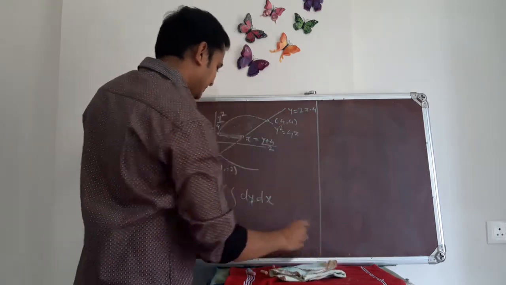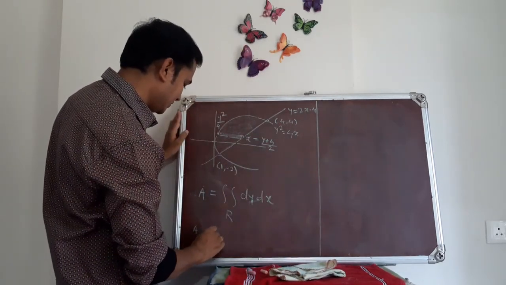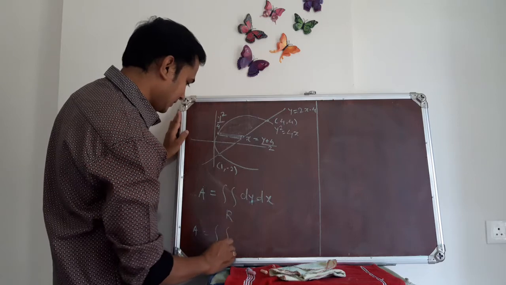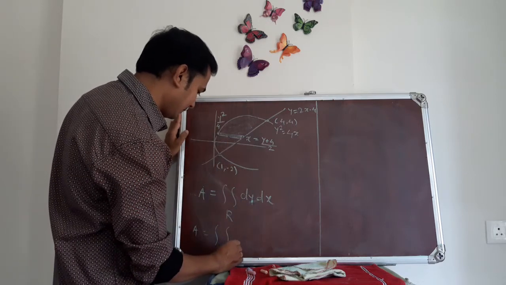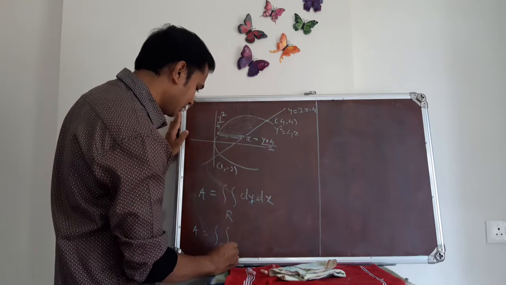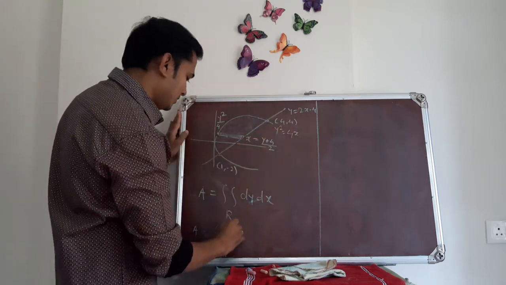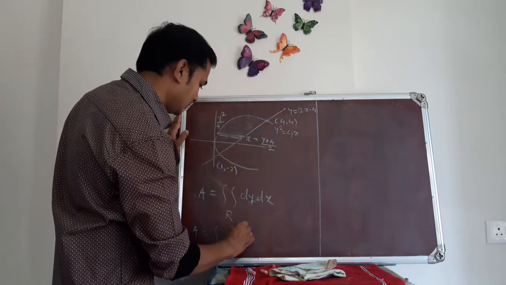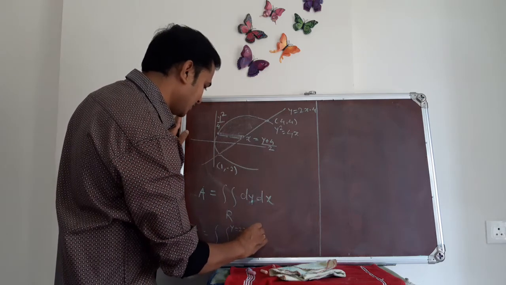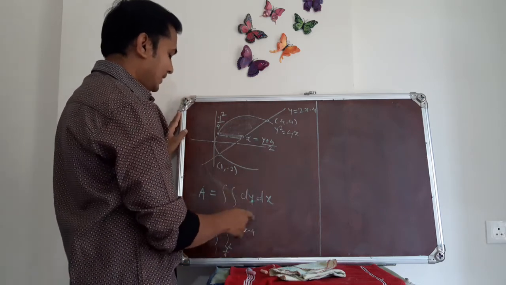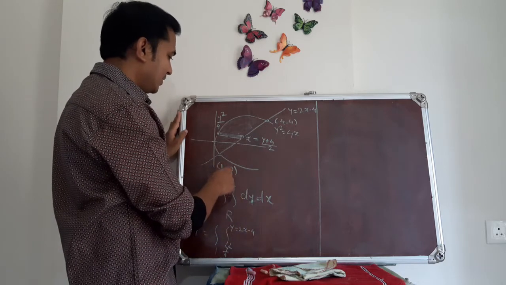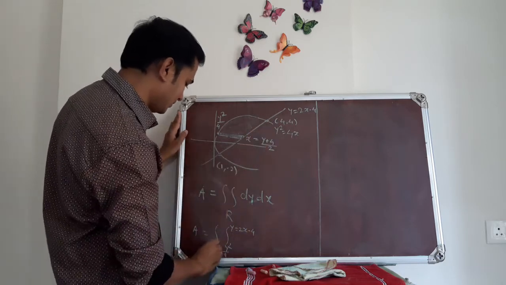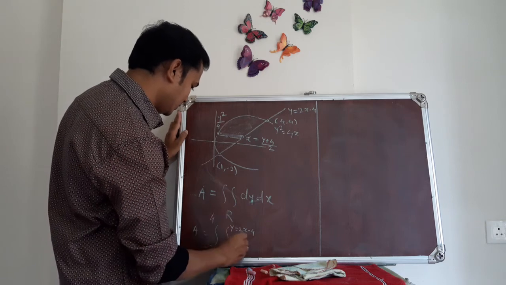So what you will get is A is equal to, limits of x is y square upon 4 to (y plus 4) upon 2, then limits of y is from -2 to 4.